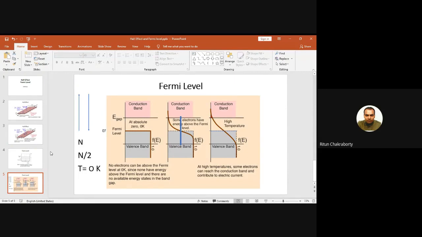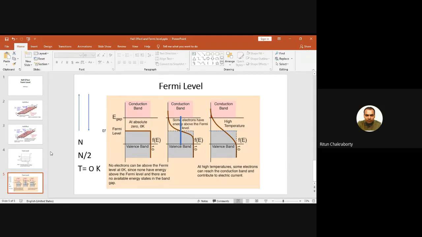Then there is another topic, and maybe we can discuss this in the next class. What's your opinion? Yes, sir. Okay. So I suggest there is one topic called the concept of Fermi energy and Fermi level. You revise this, but I will discuss in the next class.